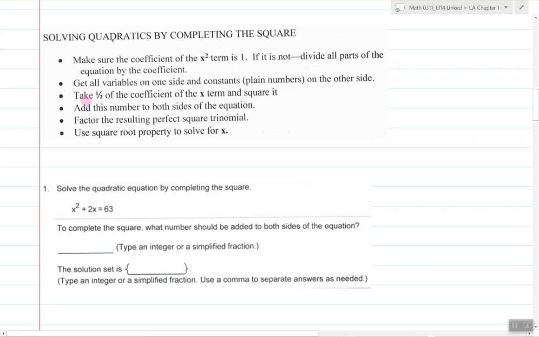Then you're about to complete it into a square. Take half of the coefficient of the x term and square it. Add this number to both sides of the equation. Factor the resulting perfect square trinomial and use the square root property to solve for x.